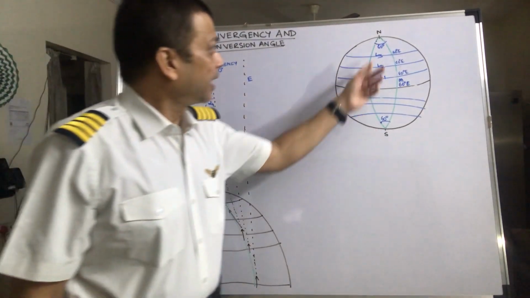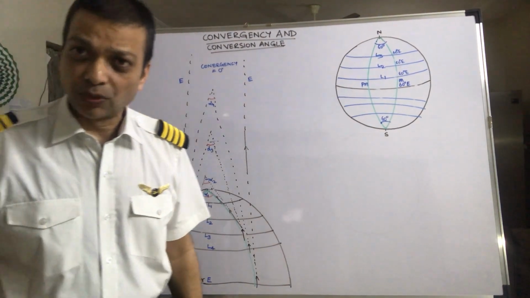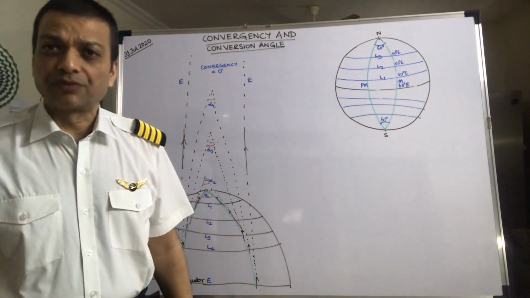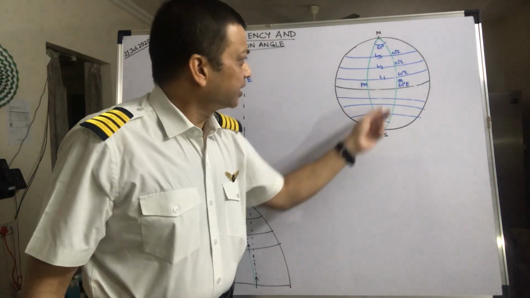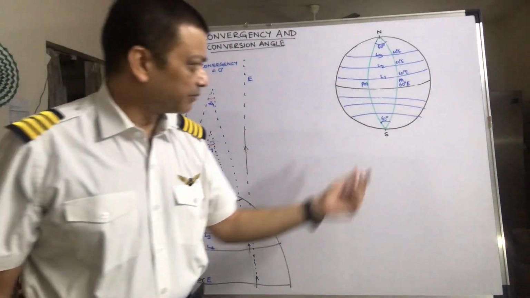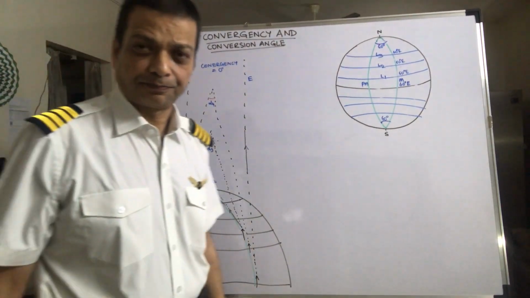The angle between two meridians at the North Pole or at the South Pole is called convergence. When the meridians intersect at the North Pole as well as the South Pole, they make an angle. This angle is called convergence.